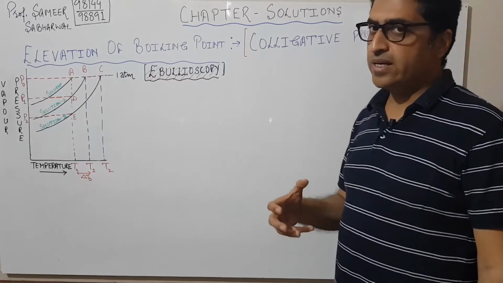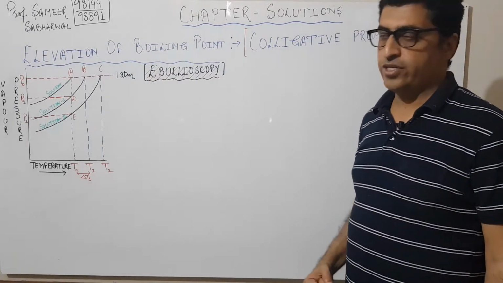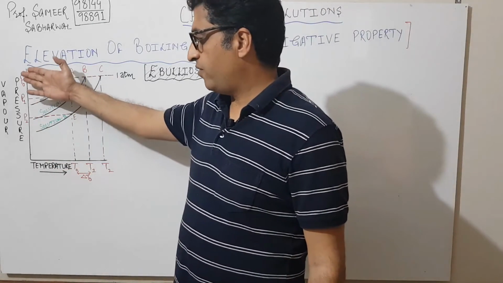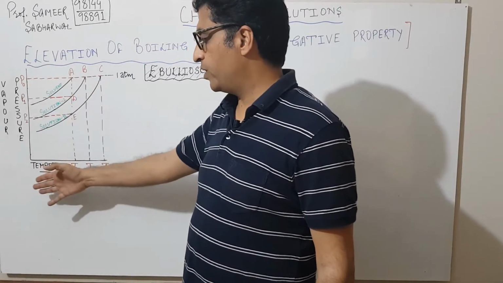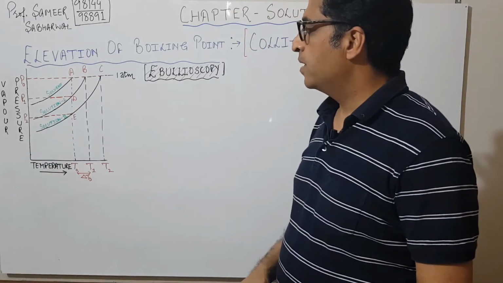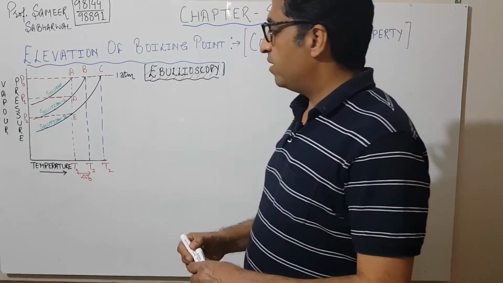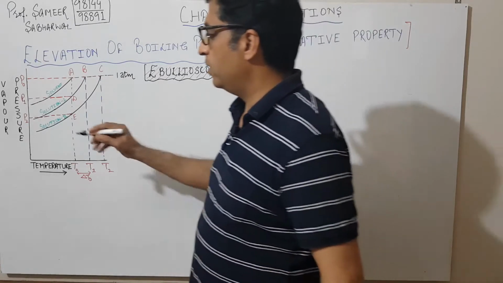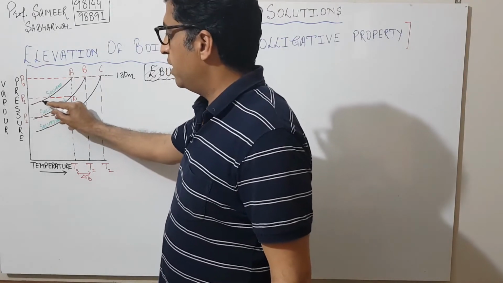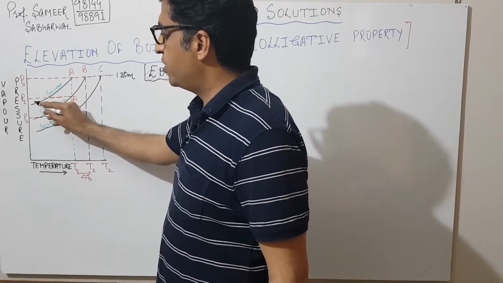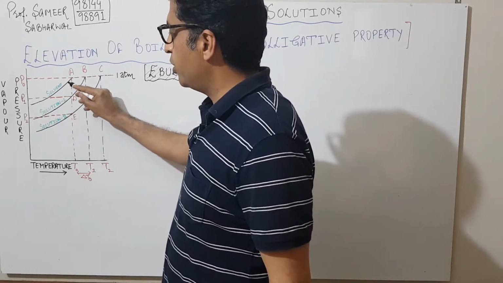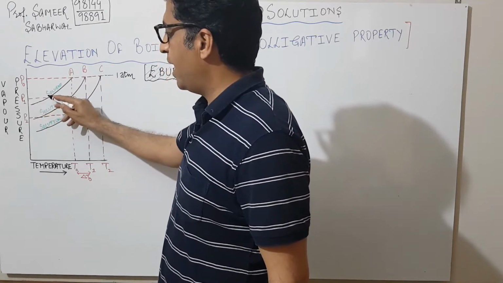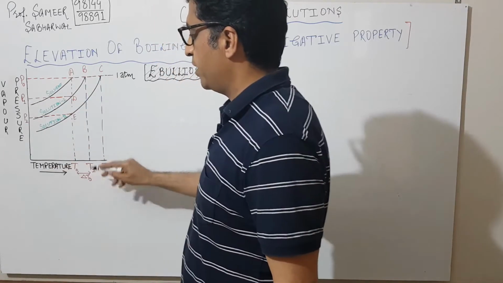Now let me give you the proper meaning of elevation. In order to understand this part, I have drawn a graph of vapor pressure versus temperature. Let us take a case of a solvent, and I have drawn a line here which is showing variation of vapor pressure of that particular solvent with temperature.